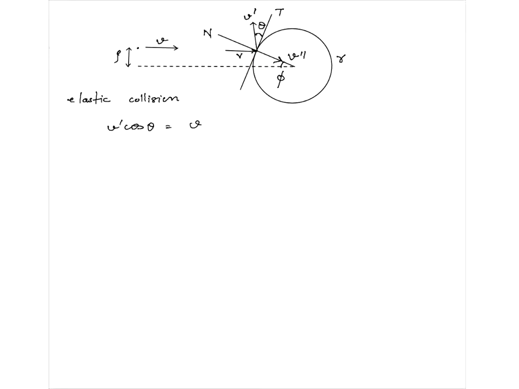Yes, sine phi. Okay. And by the way, phi is not a problem actually. This is rho, and this is the radius. So we already know what phi is. Sin phi is rho divided by r. So we know this.